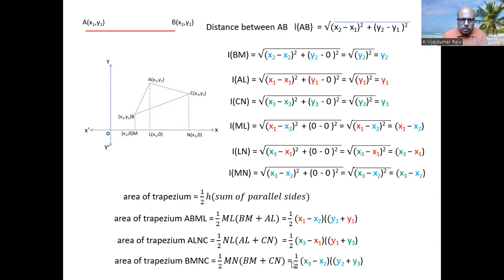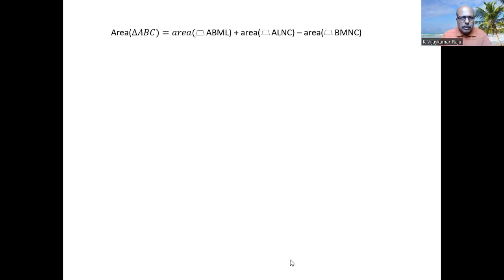BM is y2, and CN is y3. Okay, so I got all the three areas. So now we'll have to add these two and subtract this. Area of triangle is area of this trapezium plus area of this trapezium minus area of this.